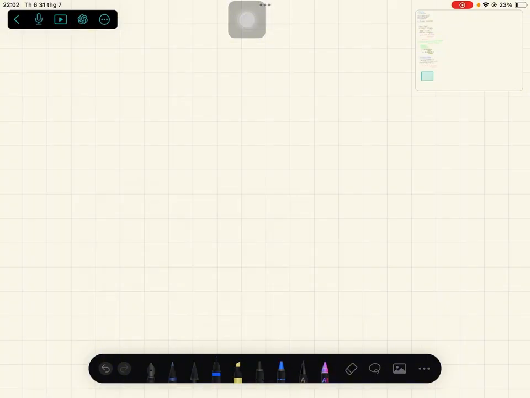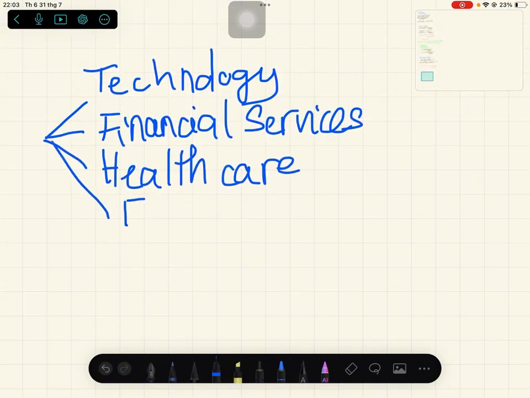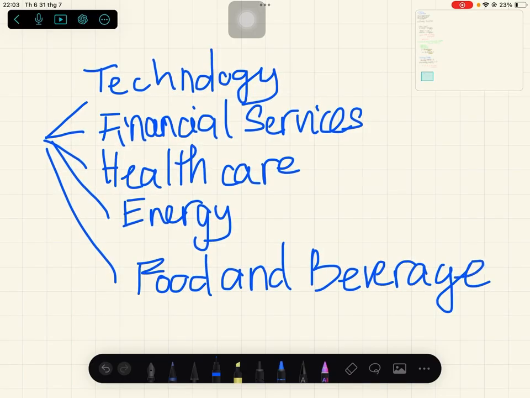So now we reach one of the most common concepts. Suppose we have 5 industries: technology, financial services, healthcare, energy, food and beverage. A beginner might think, why don't we create 5 dummy variables?